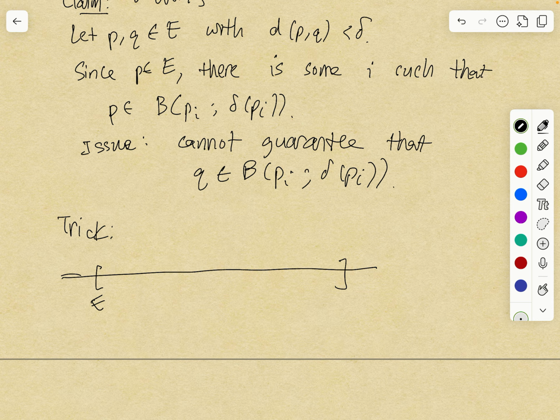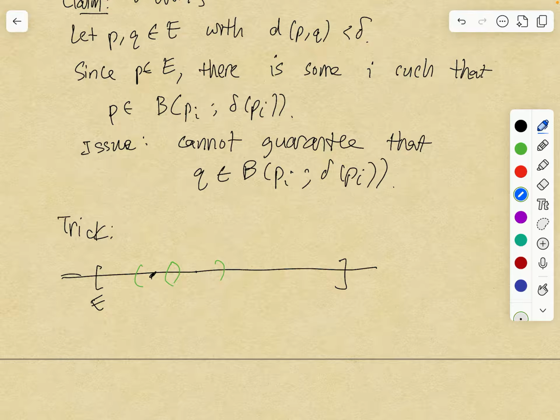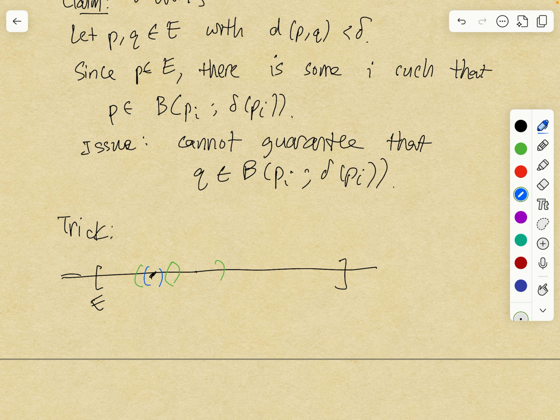So for each P, you have some open neighborhood that satisfies certain conditions that you want, right? So the trick is, don't use the radius delta of Pi. Instead, take half of the radius, half of the radius for each of these points.